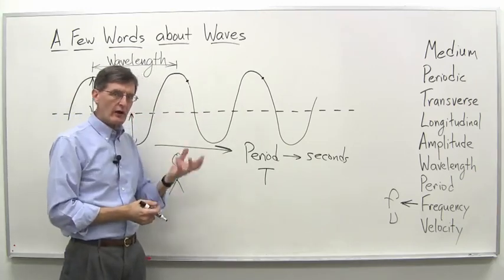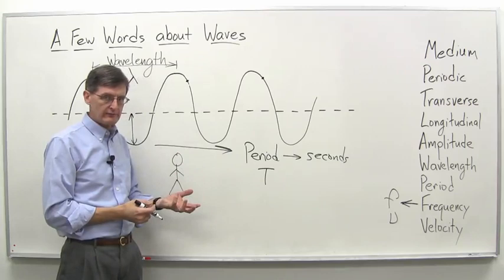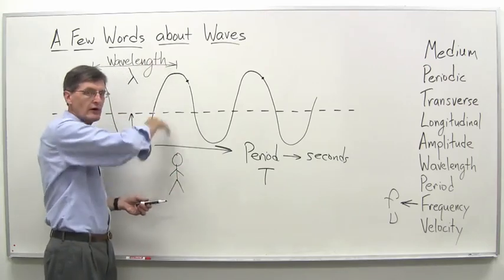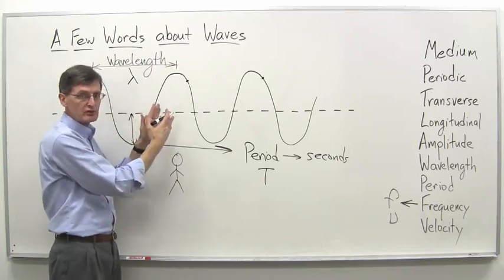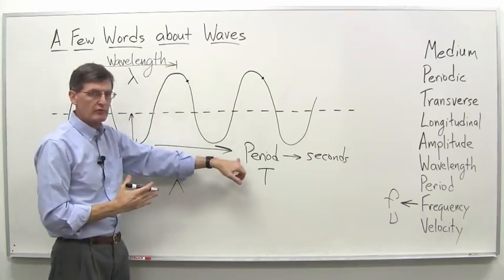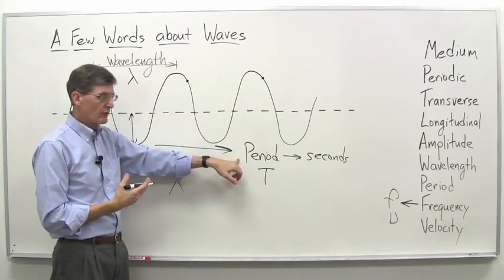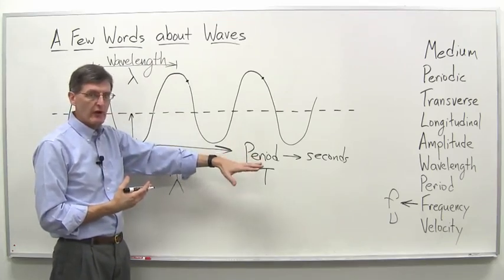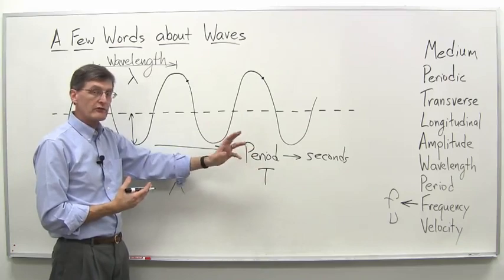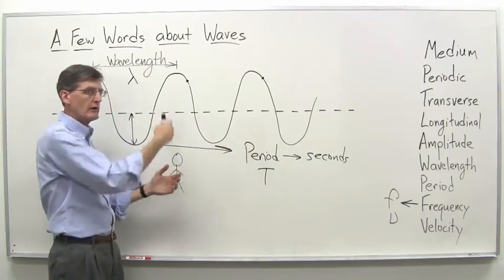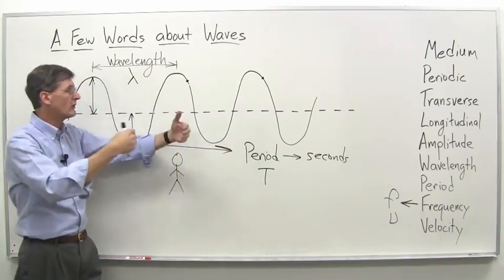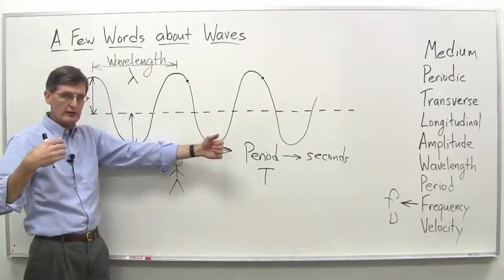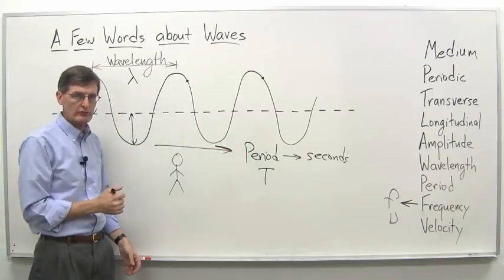So if I have a high frequency wave, meaning I have a lot of up and down oscillations per second, it means the distance between peaks must be pretty short. The period must be small. Must be a small number if the frequency is high. And if the frequency is low, meaning I don't have as many oscillations per second, that means the period must be longer. There's a longer time between each peak, and so I'm not getting as many oscillations per second.